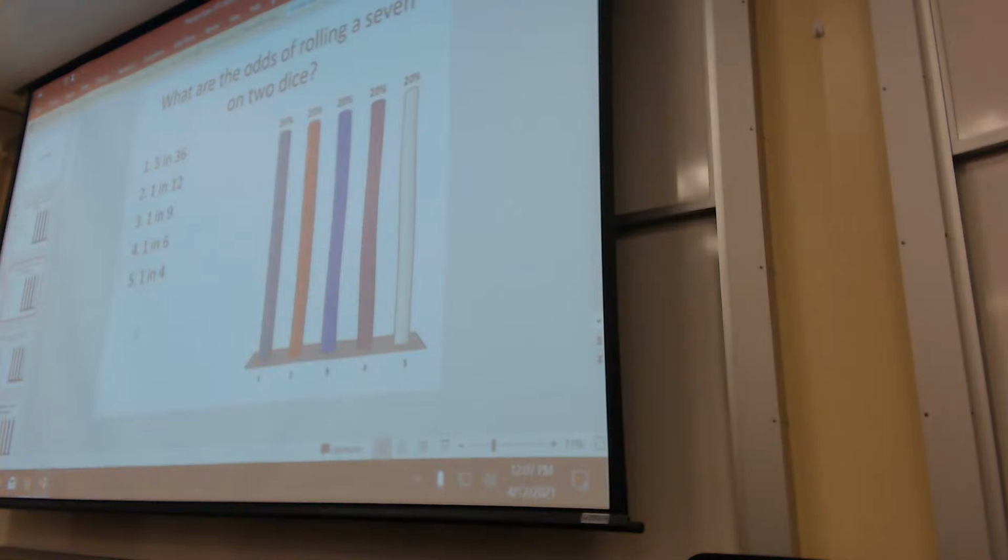There's probably several ways to do it. I think the easiest way is just to make yourself a chart. 1 through 6 on the top, 1 through 6 on the side, and you add the numbers.